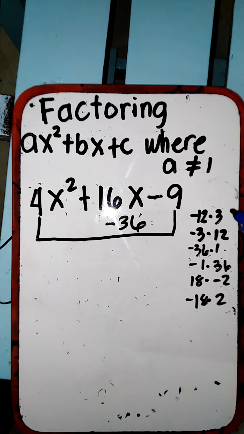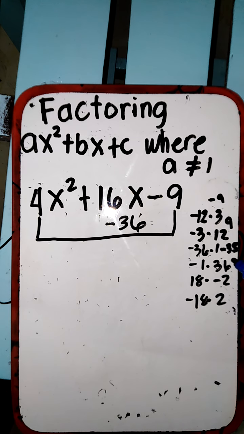Now, let's find the factors whose sum is 16. Negative 12 plus 3 is negative 9. Next, negative 3 plus 12 is positive 9. Negative 36 plus 1 is negative 35.